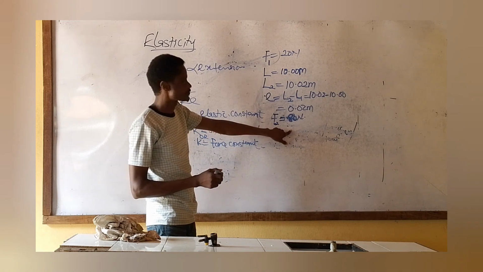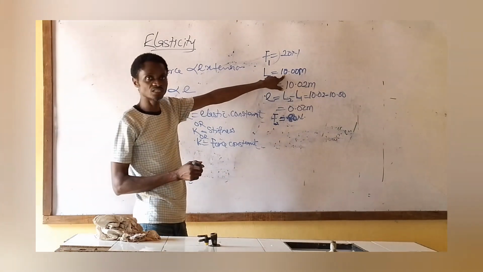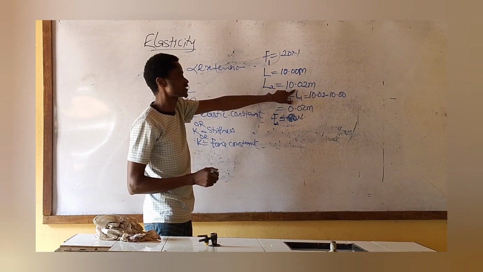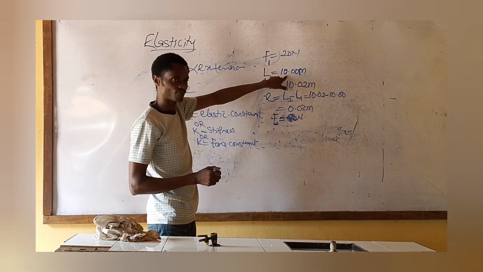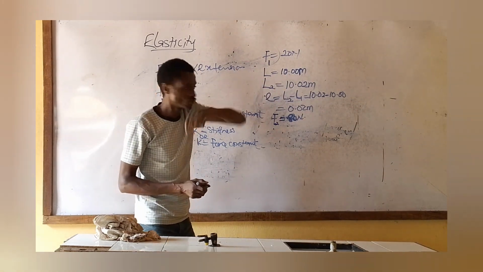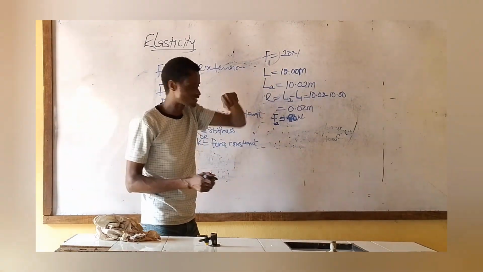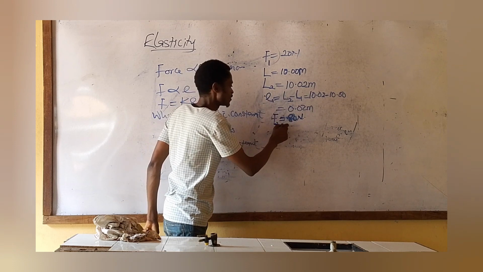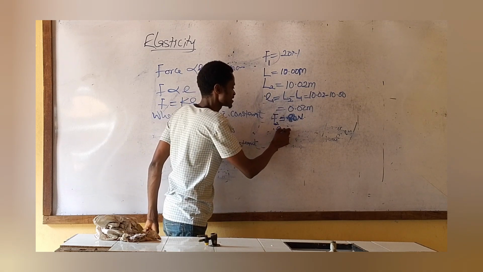Do you understand that? So this same 10.00 meter, when you apply this, it extended to this. What about if you apply this? What would be the extension? Not the new length now, what would be the extension? So this one is E1. Now we are looking for the extension, that's E2.